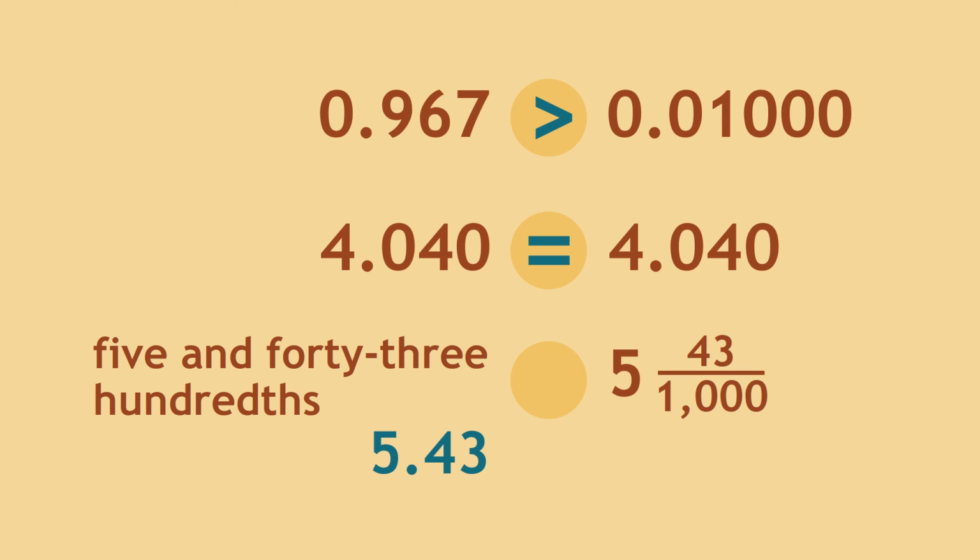Again, if it's easier for you to write it in standard form, that's what it would look like. So let's compare 5 and 43 hundredths with 5 and 43 thousandths. Fives are the same. Let's look at the tenths column. We have a 4 on the left and we have a 0 on the right. So right away we know 5 and 43 hundredths is greater than 5 and 43 thousandths.